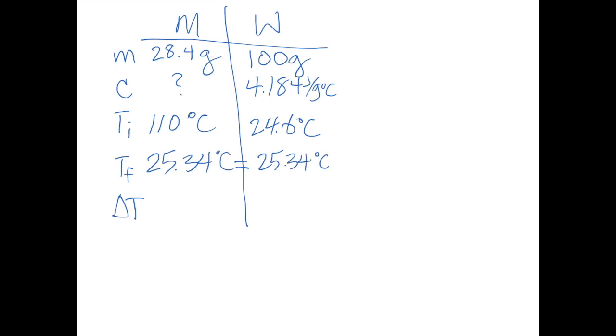Notice that the metal has this super drastic change in temperature, and the water goes up a little bit. The reason for that is that water has such a high specific heat. It's really hard to increase the temperature of water because of its high specific heat. It's pretty resistant to temperature changes.